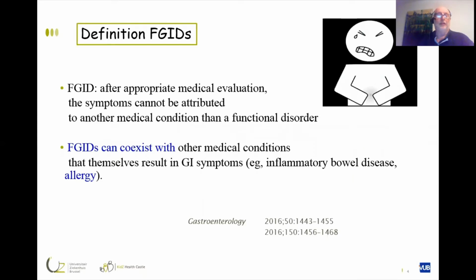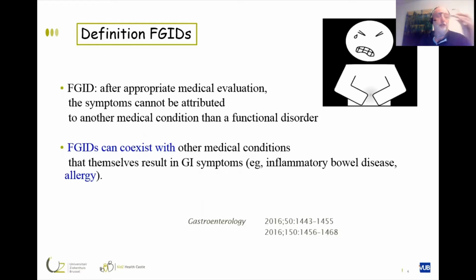What's the definition of functional gastrointestinal disorders? Functional gastrointestinal disorder is defined as, after appropriate medical evaluation, the symptoms cannot be attributed to another medical condition than a functional disorder. In other words, organic disease has to be excluded.